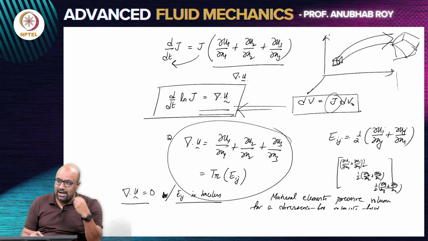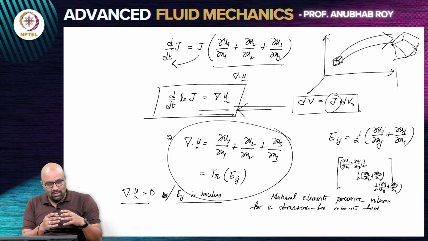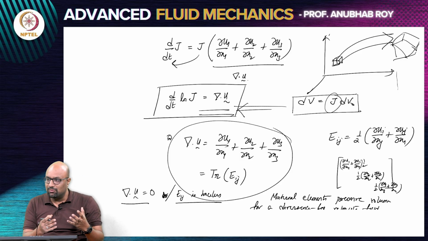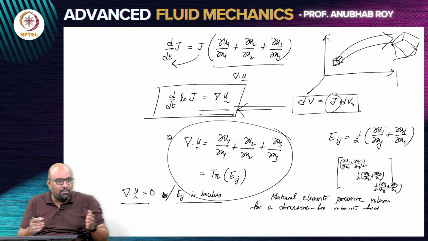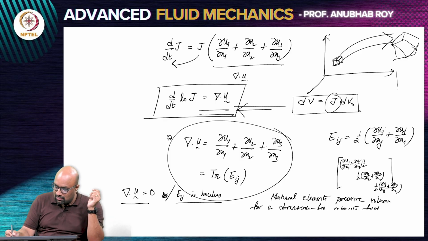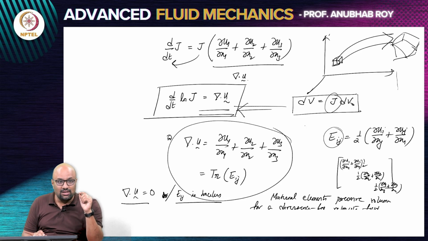So when you look at the rate of strain tensor, it tells you how much of that material volume is going to actually get stretched and compressed. Whether it will get pulled apart, whether it is going to get compressed. So if you now know that Eij is the rate of strain tensor, and you do an eigenvalue eigenvector analysis of it, you are going to get the principal axes.